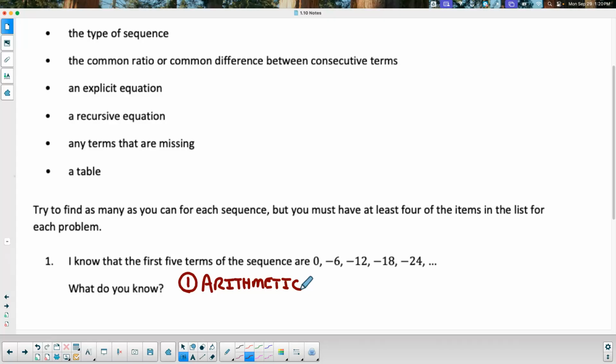What do you know? It was subtracted by 6, so what's that? We have a name for what we're doing. We already know that it's arithmetic.